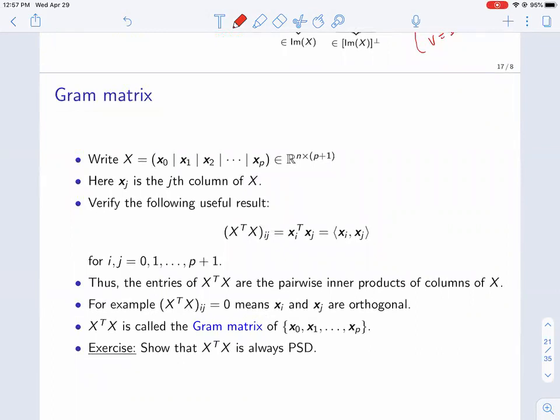So recall that we can write x as x0, x1, up to xp. These are the columns. And so we have encountered this matrix x transpose x.